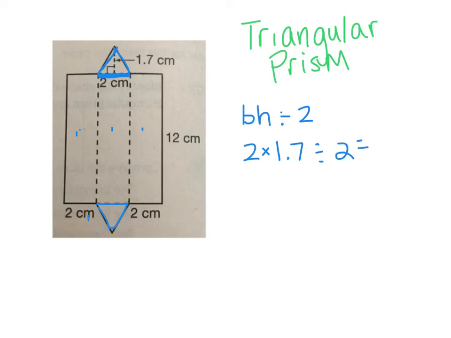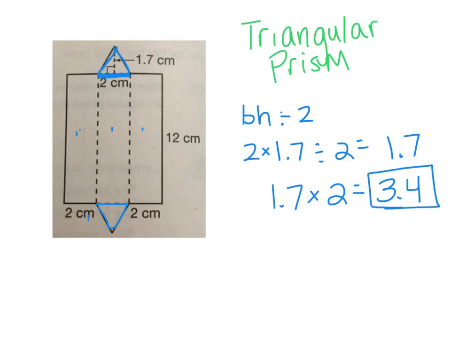Okay, so hopefully you still have your calculator handy, and whenever you do that, you'll find that you get 1.7. Okay, and then there are 2 of those, so we can take 1.7 and multiply it by 2. All right, 1.7 times 2, and that will give us 3.4. So that's the area of both triangles combined.